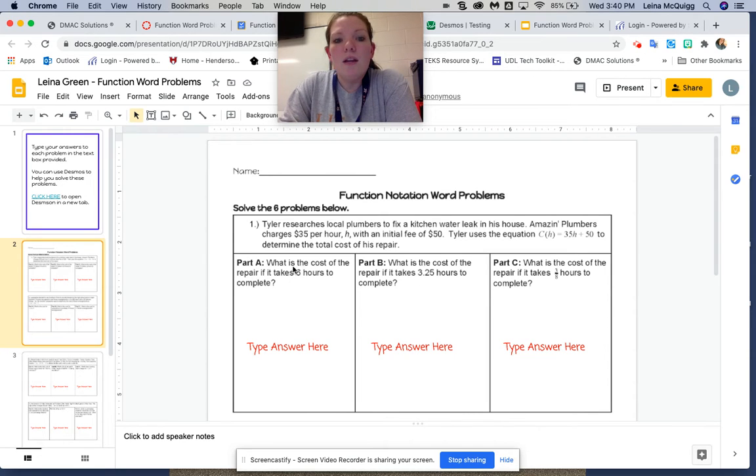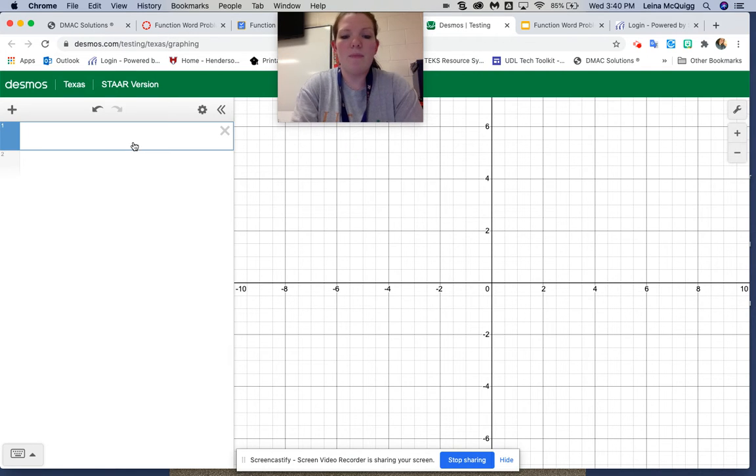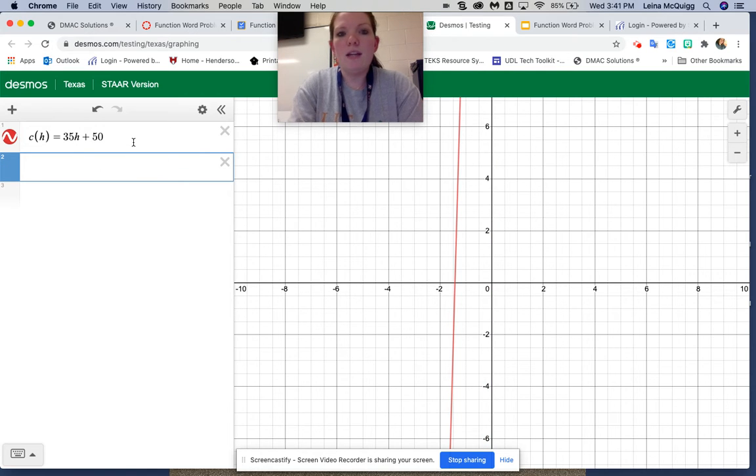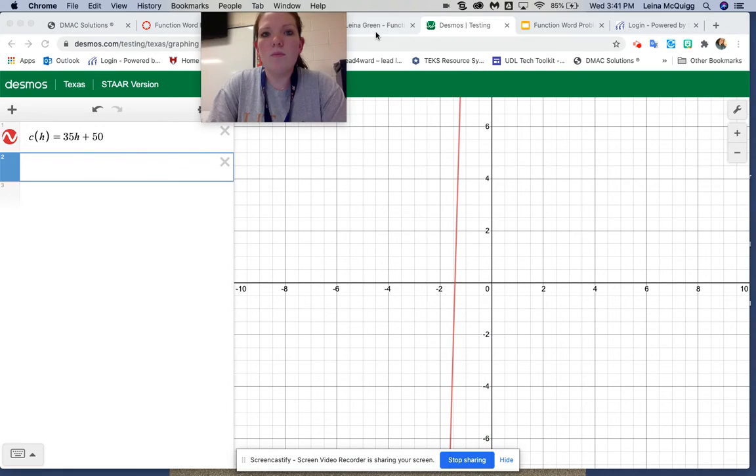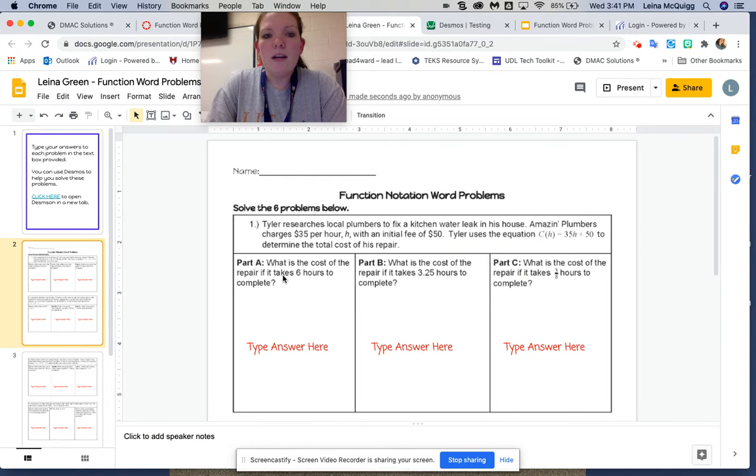So the first question, what is the cost of the repair if it takes 6 hours to complete? I'm going to take my equation, C of H equals 35H plus 50, go to Desmos, and type it in. And down here, what was the question again? What is the cost of repairs if it takes 6 hours? H represents the number of hours.